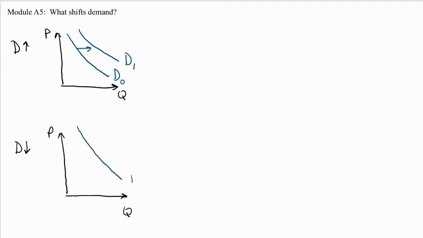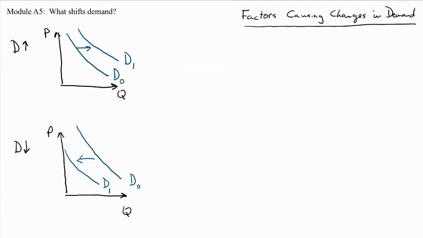And beginning from an original demand curve, now a decrease in demand means that at a particular price level, the quantity that would be chosen at that price level decreases. So that will be a shift to the left in the demand curve, and our new demand curve will indicate this new relationship between price and quantity.